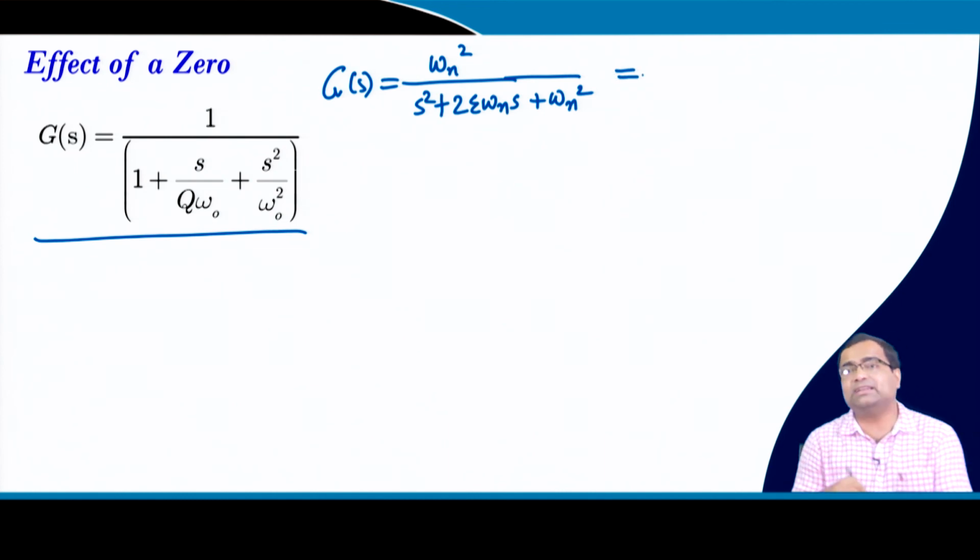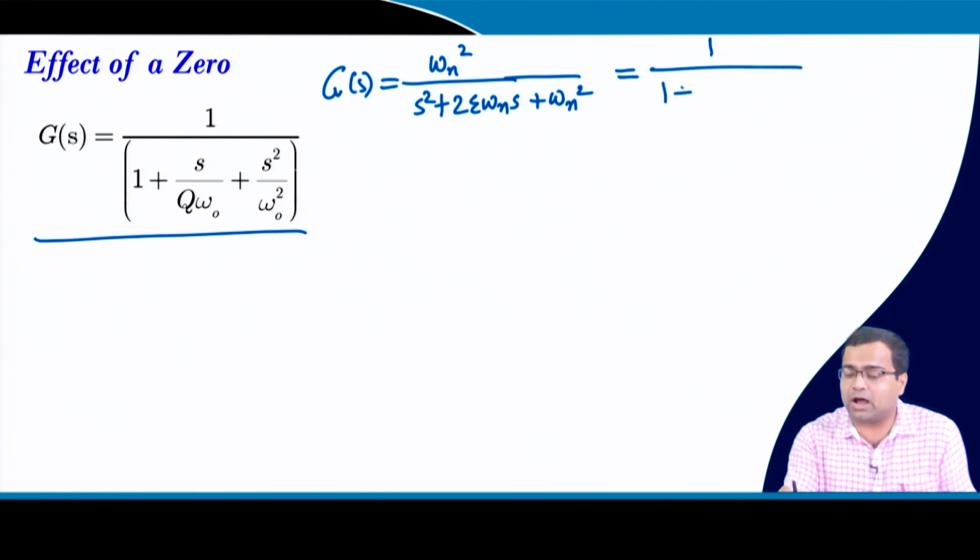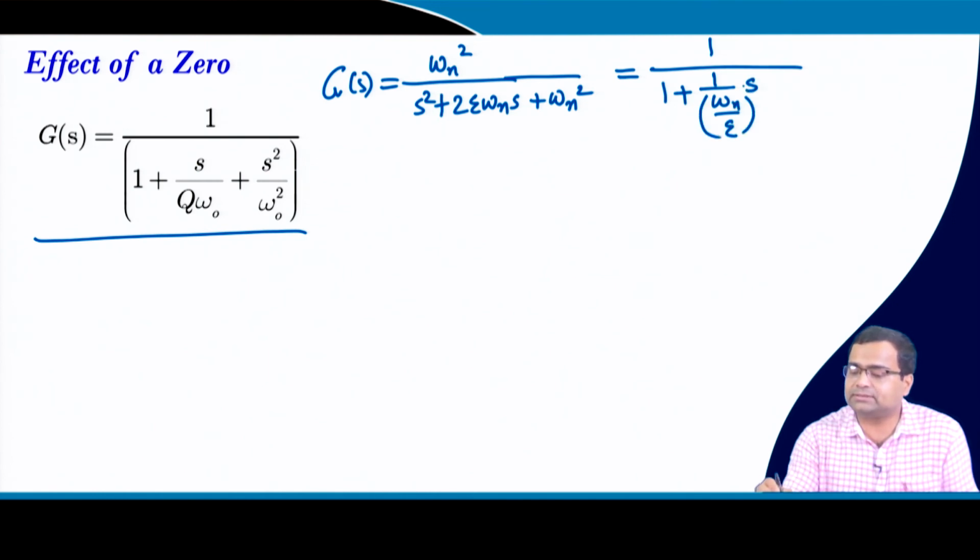You can simply divide by omega n square in numerator and denominator. So, you will get 1 divided by 1 plus 1 by, what will you get? You will get (omega n by zeta) into s plus s square by omega n square.